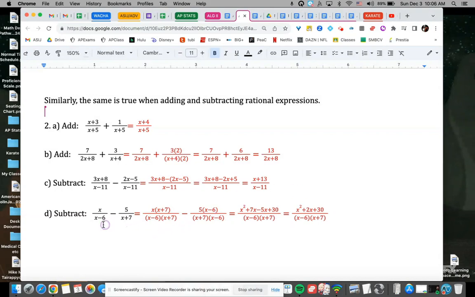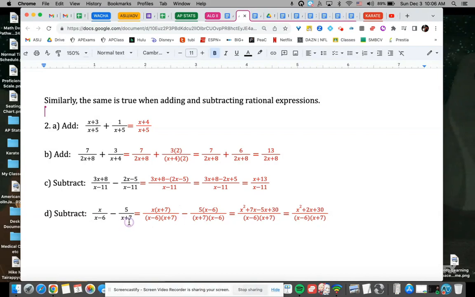Okay, we need a common denominator in this one. You can see that the x plus 6 and x plus 7 are not the same. Neither one of those factors, so there's no short way to do it. So I'm going to have to multiply this whole thing, x minus 6 times x plus 7 over x plus 7.